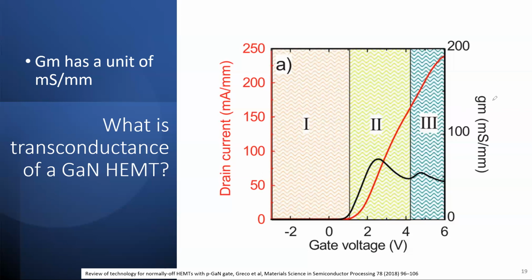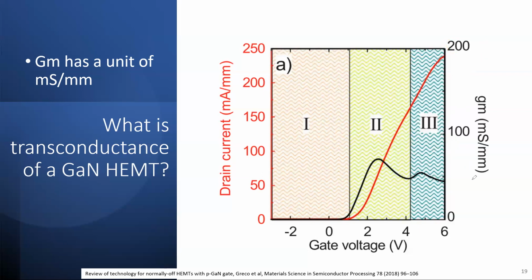That's what transconductance means. All right. And here, let's look at one from, say, 1 volt to 6 volts. Your drain current changes from 0 to 240 amps, right? So your transconductance is less than 200.